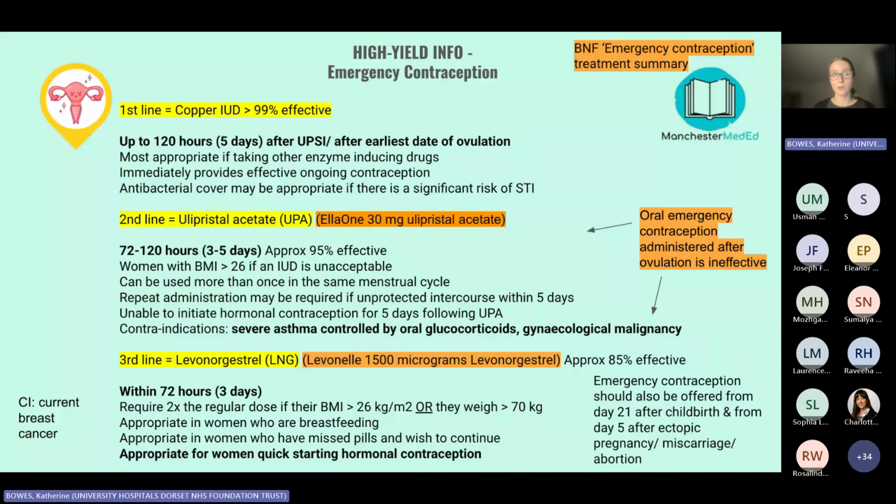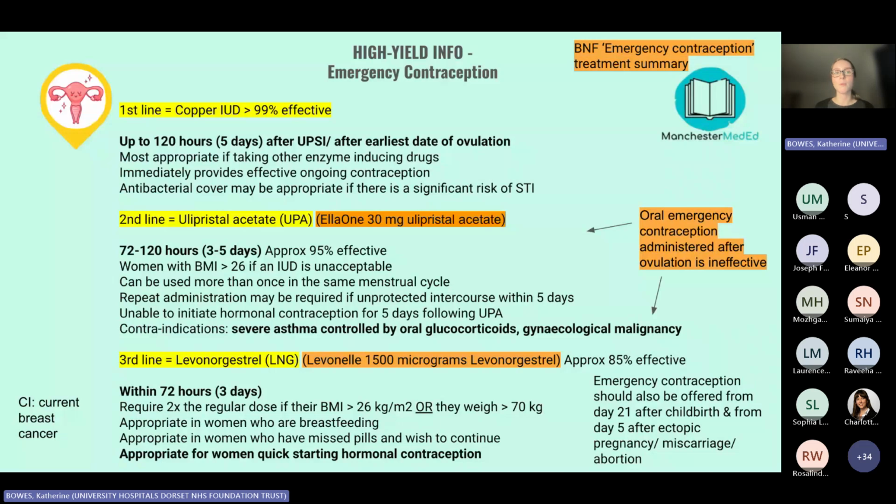With this one, you can use it up to 5 days after unprotected sexual intercourse, or after the earliest date of ovulation. So when you think ovulation might have occurred, and that would be around day 14 of the menstrual cycle.